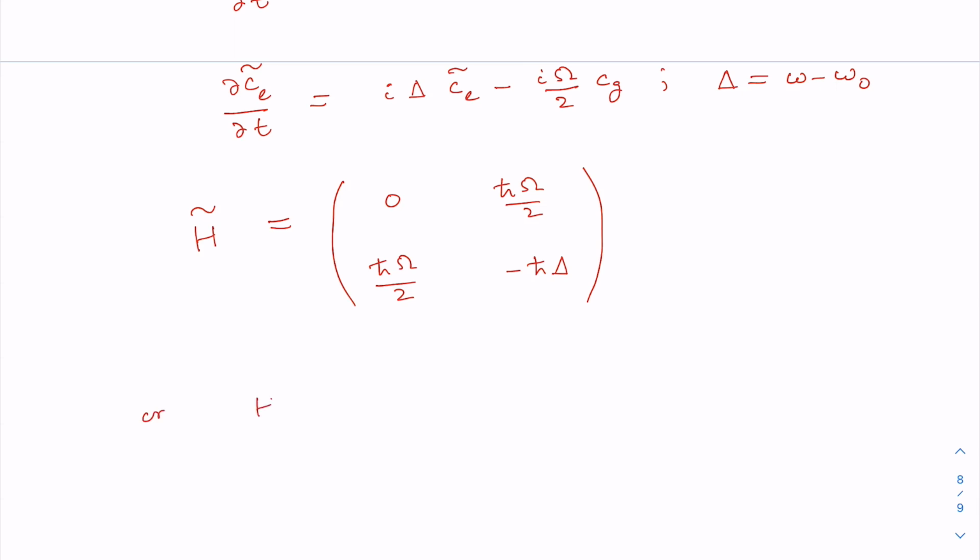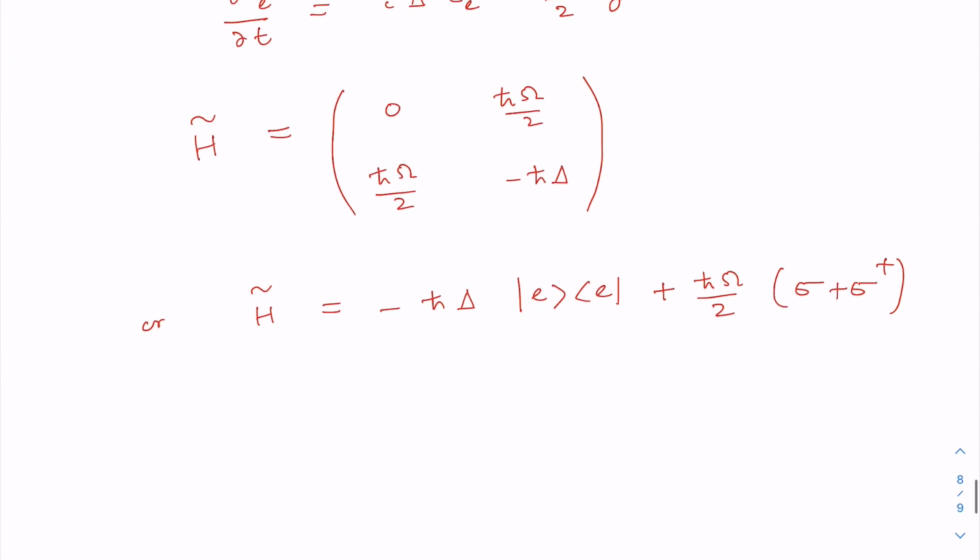Or if I write it in terms of the basis states, I have minus h cross delta ket e bra e plus h cross omega by 2 sigma plus sigma dagger. What we have done, in more sophisticated language, is termed a unitary transformation.